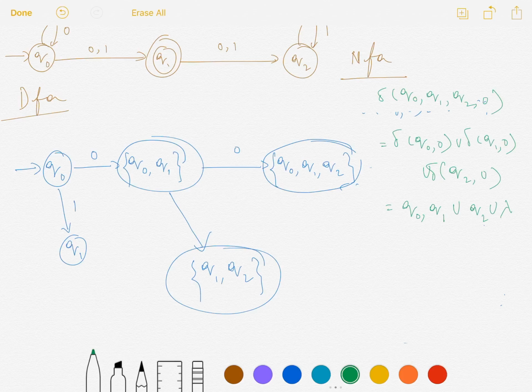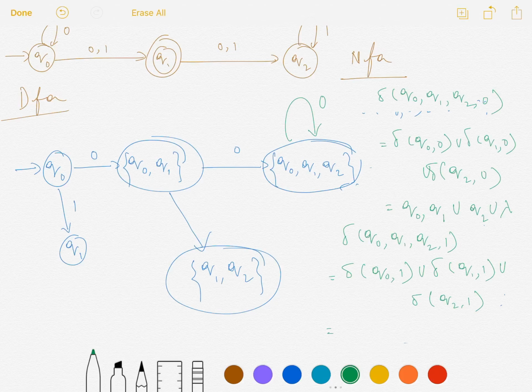So at Q0 Q1 Q2 on 0 it is going to the same state, a loop. Now what will happen if I give 1: delta Q0 1 is Q1, union delta Q1 1 is Q2, union delta Q2 1 is again Q2.